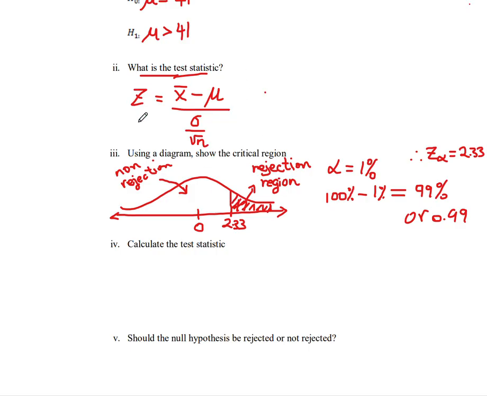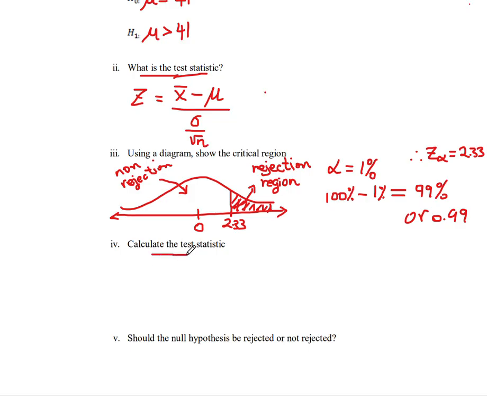But if my calculated value from the test statistic is less than 2.33, which means that it would fall in the non-rejection region, then I would fail to reject the null hypothesis. All right, so let's show you how this is done now.